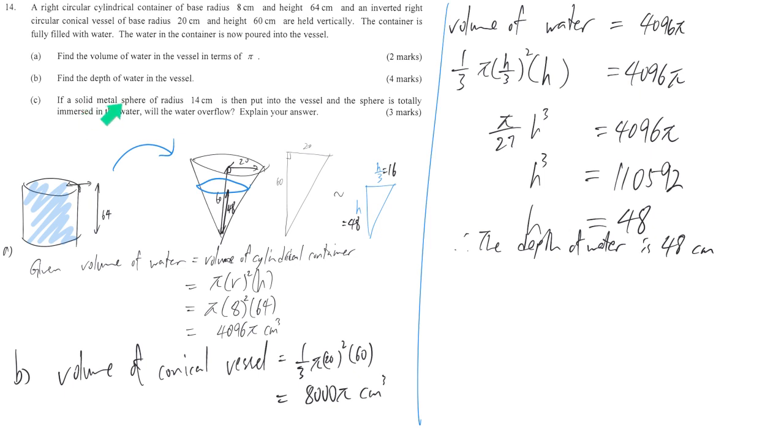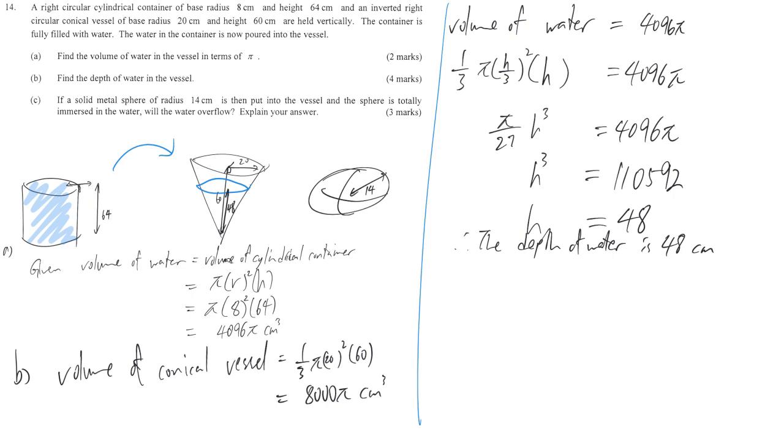They ask: if there is a metal sphere of radius 14, maybe it's like this, and then the radius is 14. Assume that it can be totally immersed in the water, and then we are asking will the water overflow.